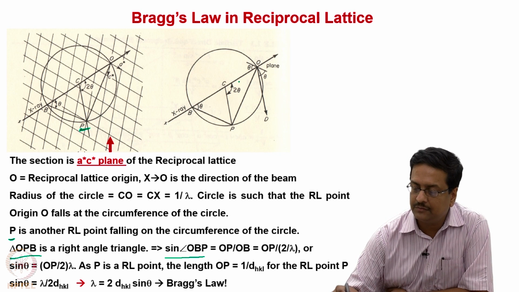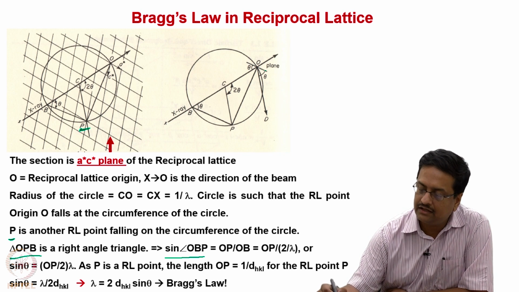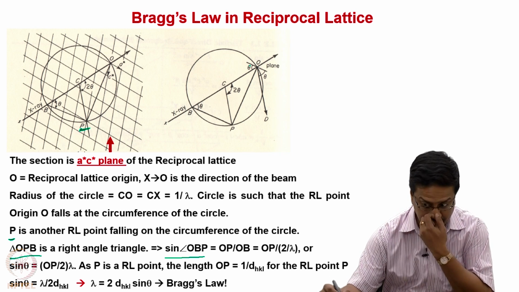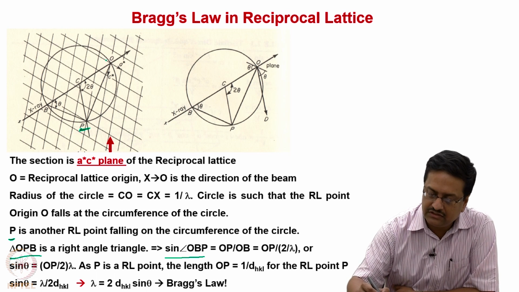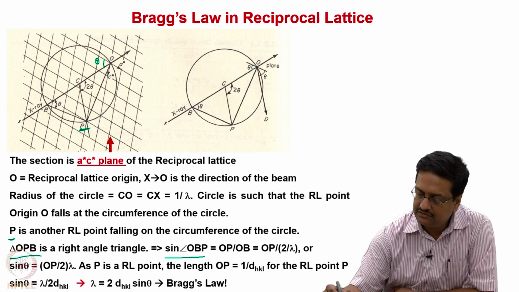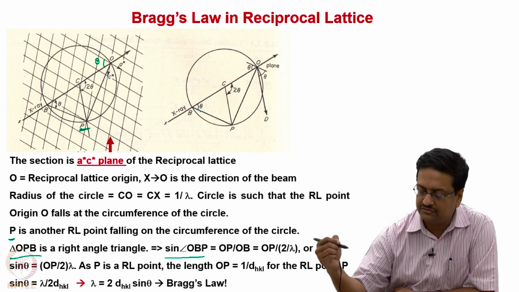The incident X-ray beam is making an angle theta with this particular reciprocal lattice plane, which means this angle is theta. As a result, the angle OBP is also theta.